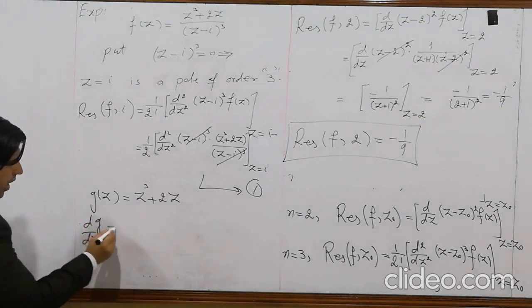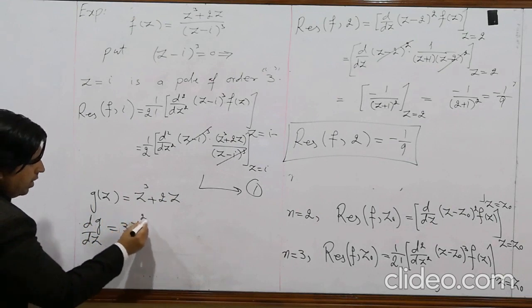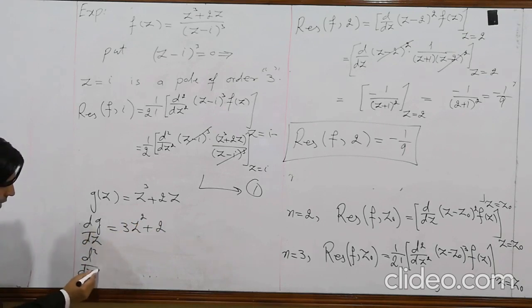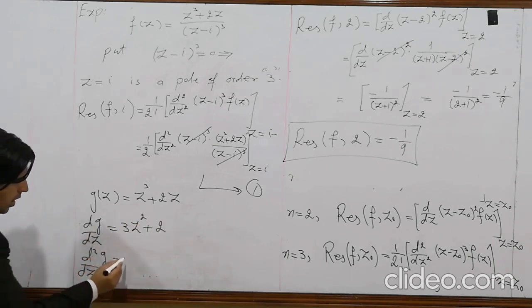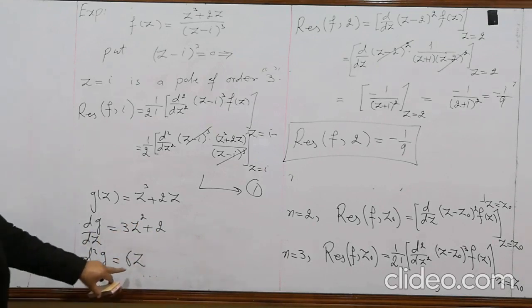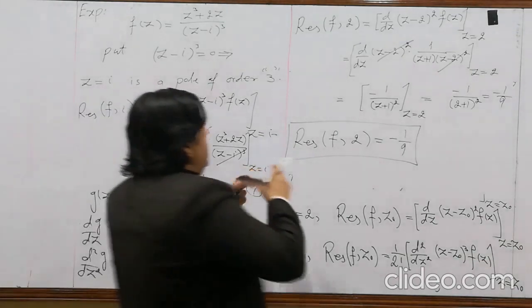If I differentiate both sides, I will get 3z square plus 2. Now differentiate it again. D square over dz square of g is equal to 6z. Now let us put this value in 1.